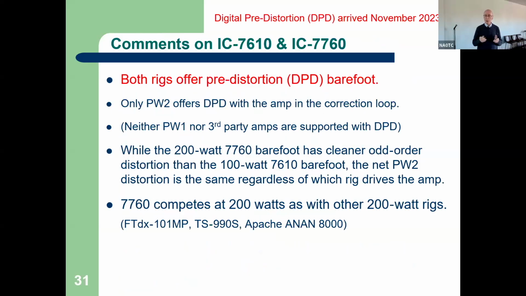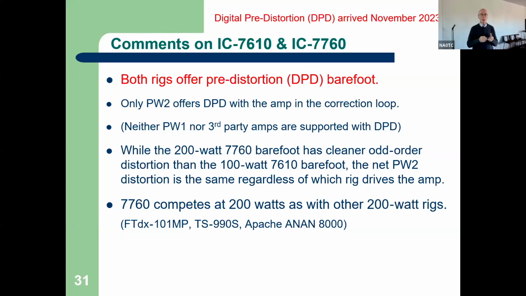Comments on the 7610 and the new 7760. They both support ICOM's digital predistortion barefoot. But ICOM only supports the PW2, not even the PW1, let alone an Alpha or whatever. The 7760 is a 200-watt rig. The 7610 is a 100-watt rig. Whichever rig you pick driving the PW2 comes out the same.